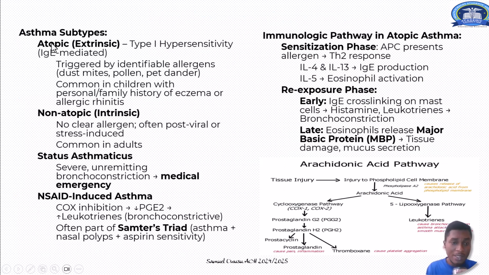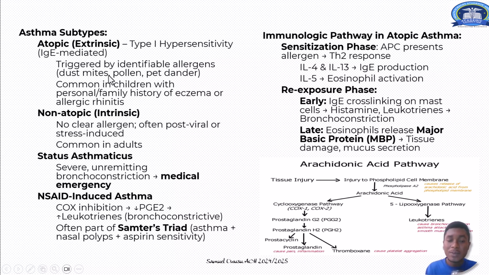So asthma comes in various subtypes. So we have atopic or extrinsic subtype. This is the most common subtype that we have around, and this is due to type 1 hypersensitivity. That is, it is IgE mediated. We will look at that in a jiffy.